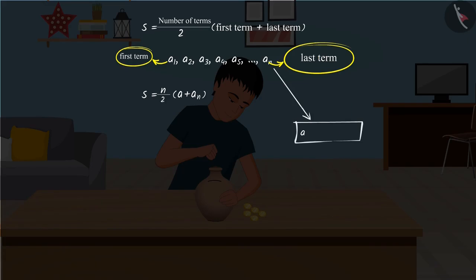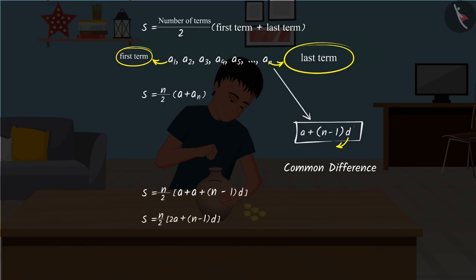Absolutely correct. It will be a plus (n minus 1) multiplied by d, where d is the common difference of the arithmetic progression. If we substitute the value of an in this formula, we get this formula, which represents the sum of the first n terms of the arithmetic progression whose common difference is d.